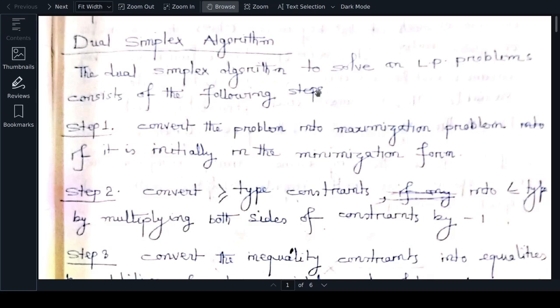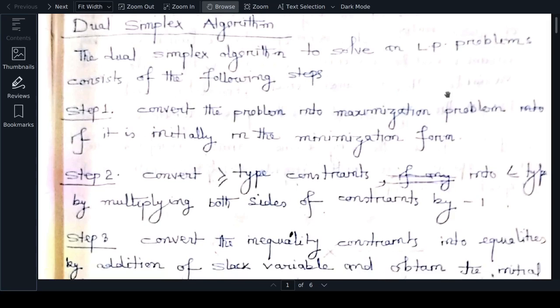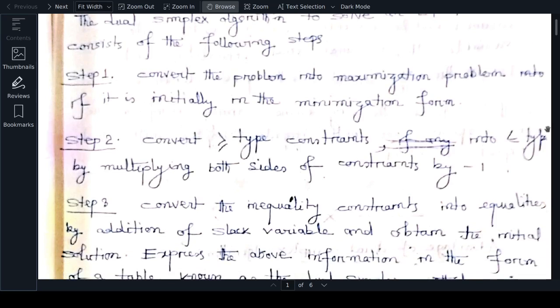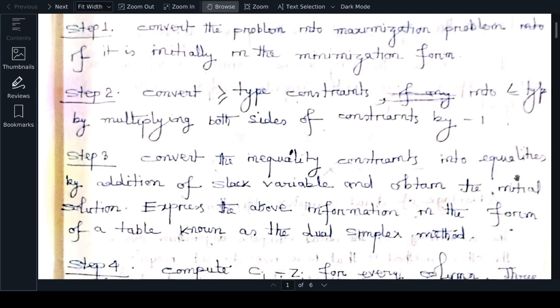So next one is what? Step 2: convert the greater than or equal to symbol type constraint into less than or equal to type by multiplying both sides of the constraint by -1. If the greater than or equal to symbol is present, then we convert it into the less than or equal to symbol by multiplying both sides by -1.